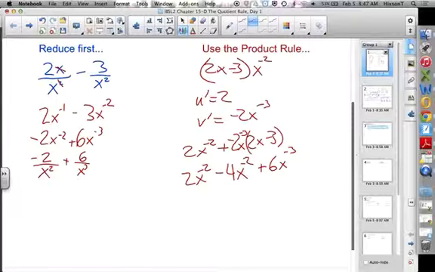And you can see here, this will give you your minus 2x to the negative 2. So here's the minus 2 over x squared plus the 6 over x cubed. Okay, so you would get the same thing in either case.